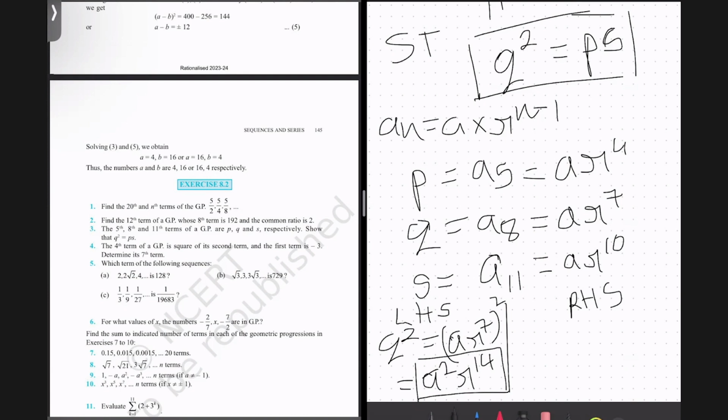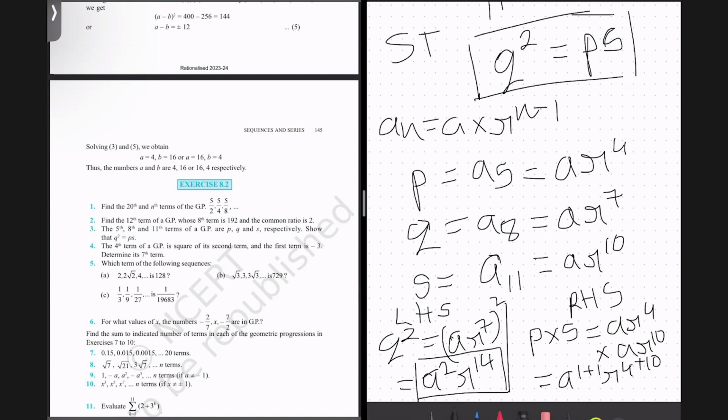A square R to the power 14 would be my LHS. Let us solve RHS. RHS is nothing but P into S, which is A R to the power 4 into A R to the power 10. When you multiply these terms, you add the powers up. So that would give you A to the power 1 plus 1 into R to the power 4 plus 10.